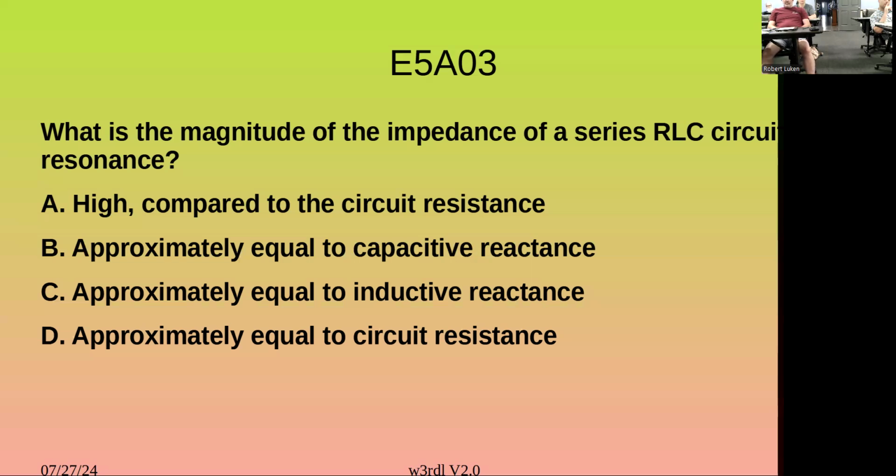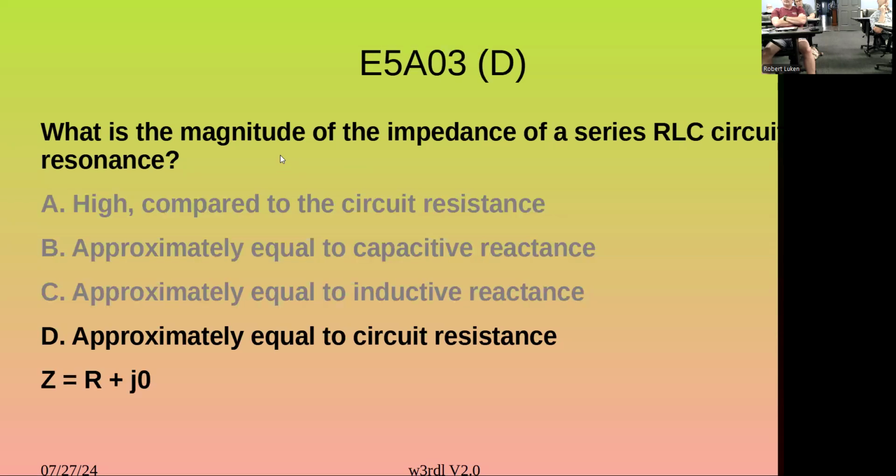So at those extremes, it's going to look like an open circuit. When it's at resonance, it's going to go to 0 or whatever the R value is. Any guesses? D. I hear a delta. How about that? Everybody get that one?